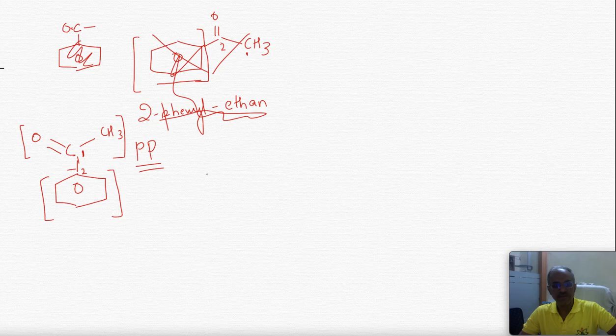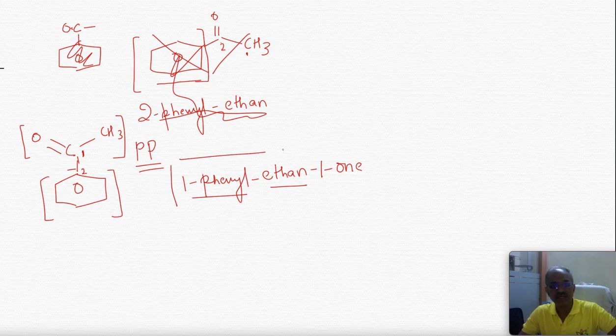So it will be 1-phenyl ethane, where the e is replaced by 1-one. So 1-phenylethan-1-one.